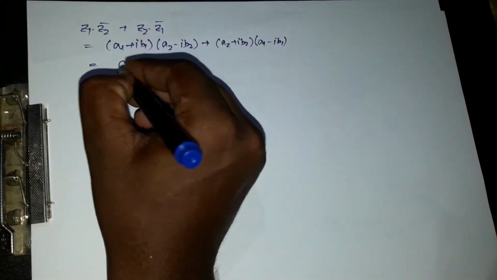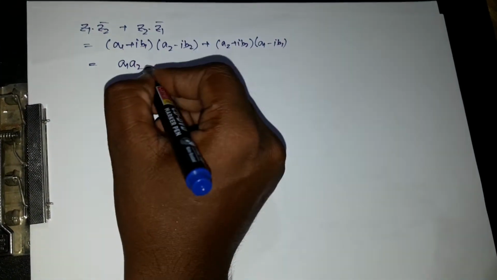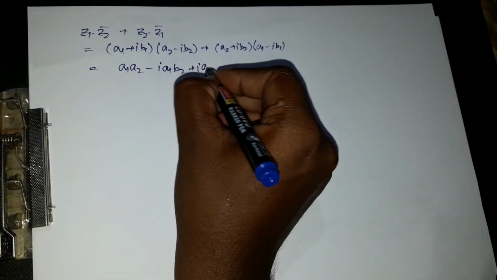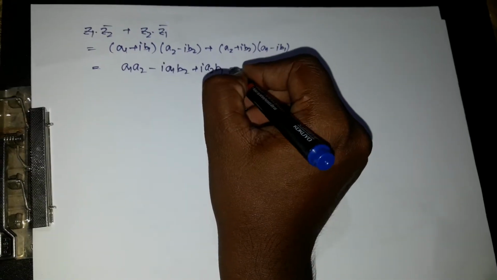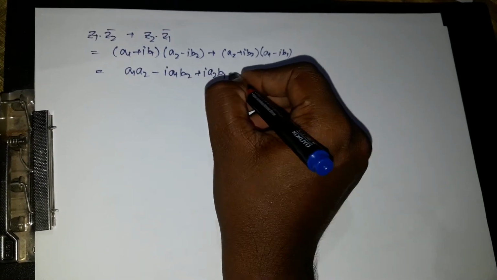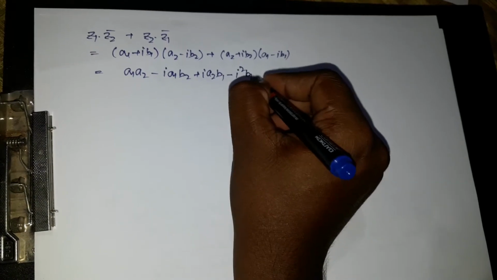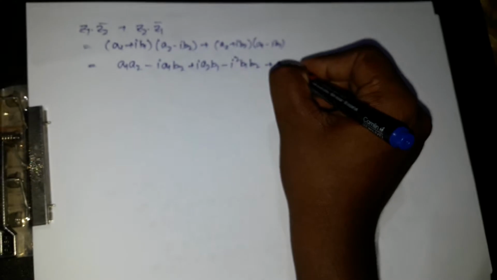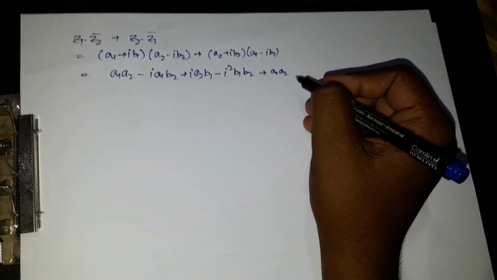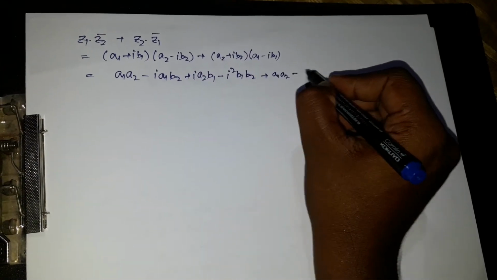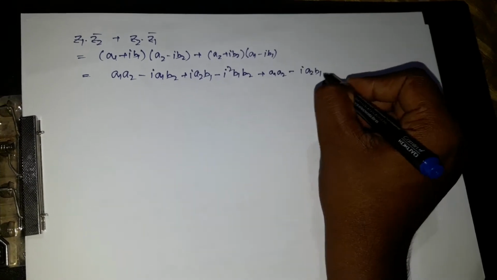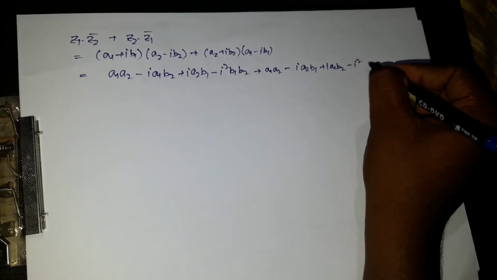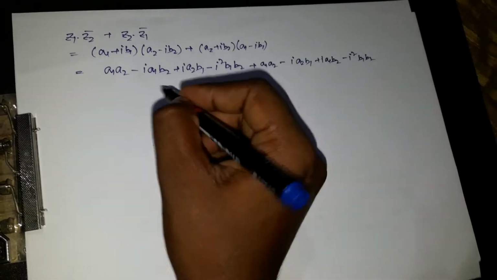Now a1 a2 minus i a1 b2 plus i a2 b1, and plus into minus gives minus i square b1 b2. Okay. Plus a1 a2 minus i a2 b1 plus i a1 b2 minus i square b1 b2. Okay.